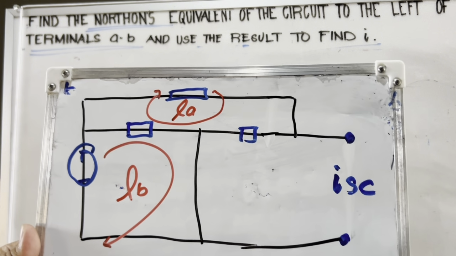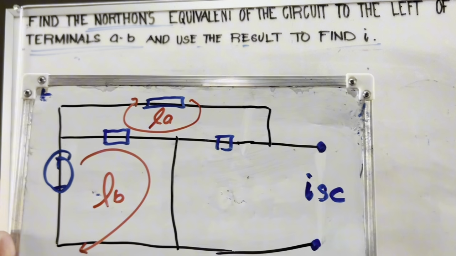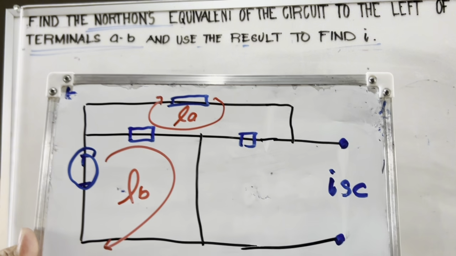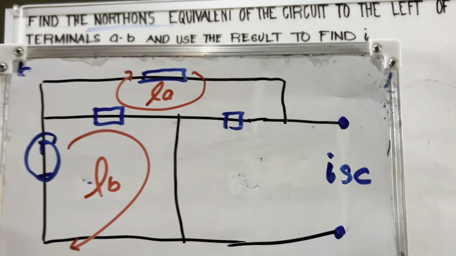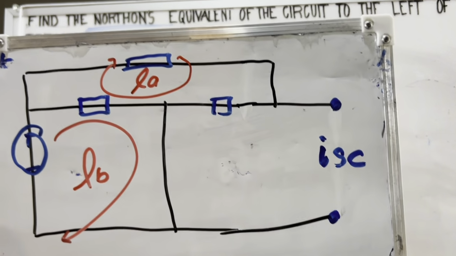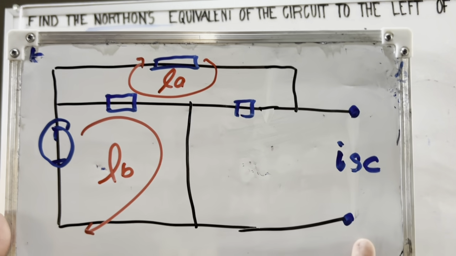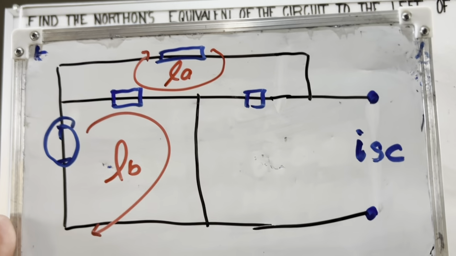As you can see here, we will now use a KVL again, but this time we will use our new drawing, our ISC. We will use the loop A and loop B. As you can see, this is our short circuit.